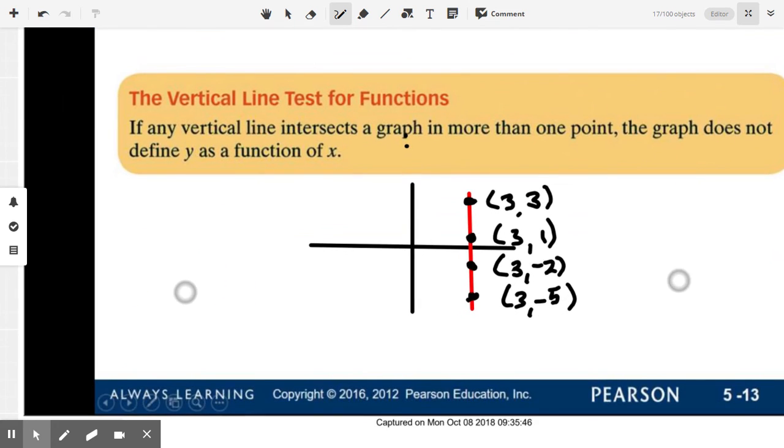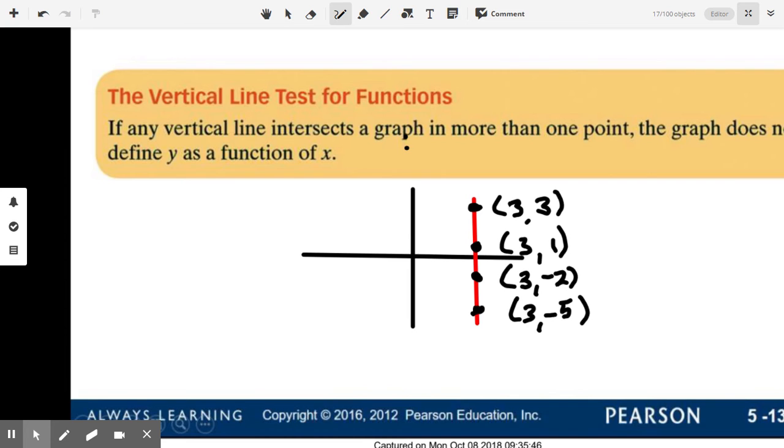All right, the vertical line test is just simply what we talked about a minute ago. To look at a graph and test to see if it's a function or not, right? We said for a function, no x-coordinate can be repeated. Well, if 2 points have the same x-coordinate, that means they are vertically in line with each other.